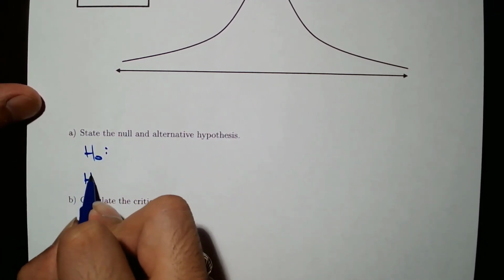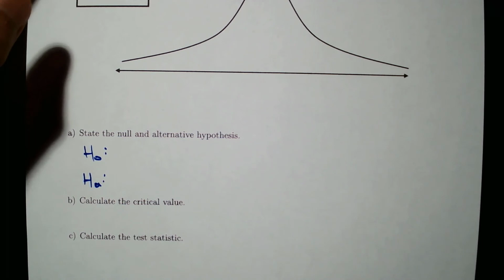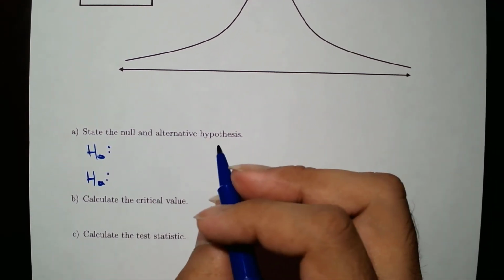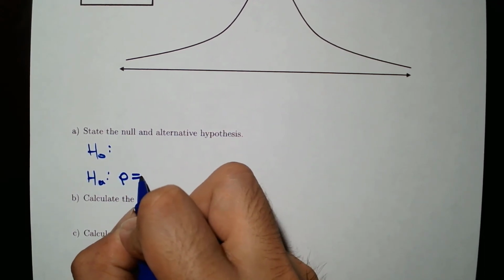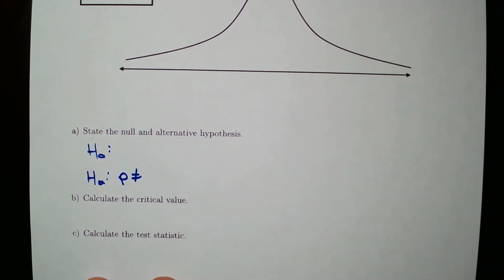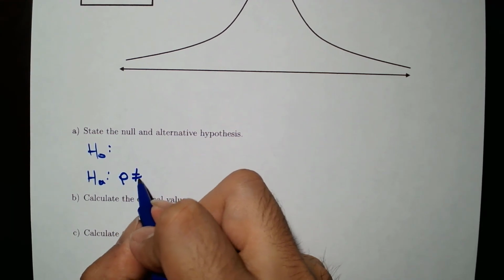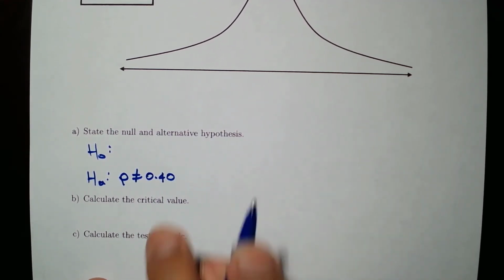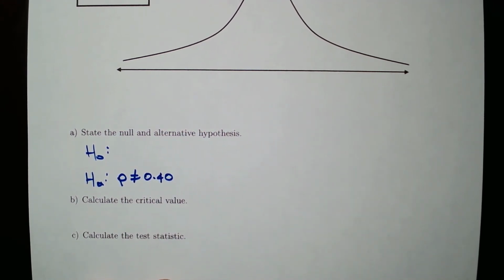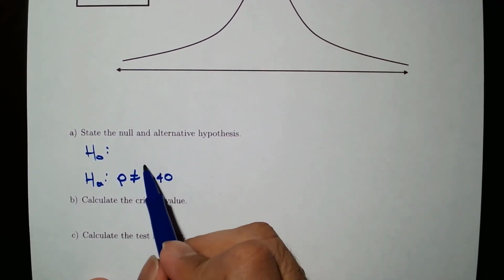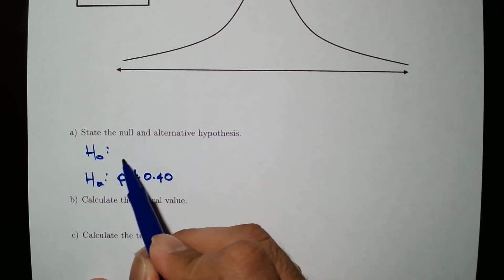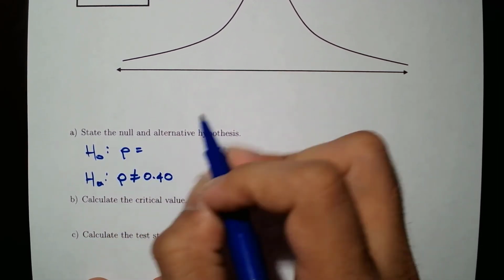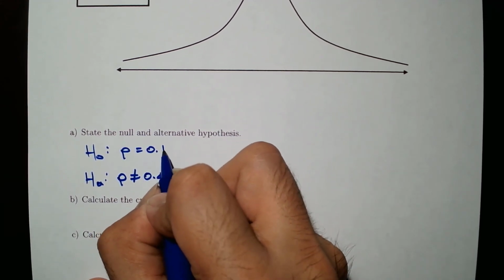The alternative hypothesis claims that the proportion of households that watch the Super Bowl is not 0.40. For the null hypothesis, the logical opposite of this statement, it's p equals 0.40.